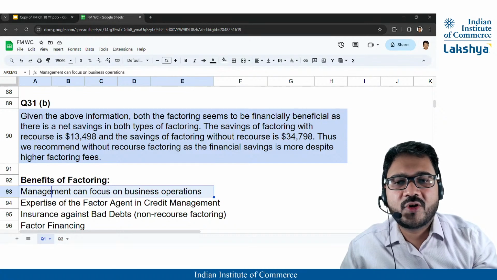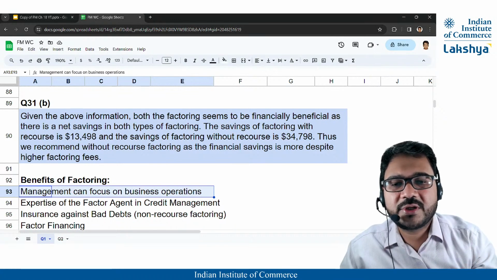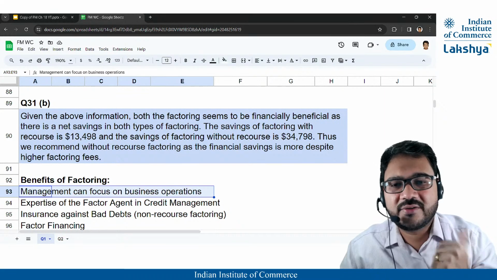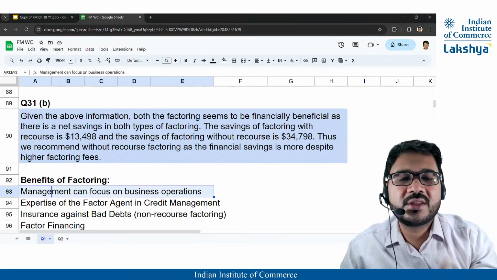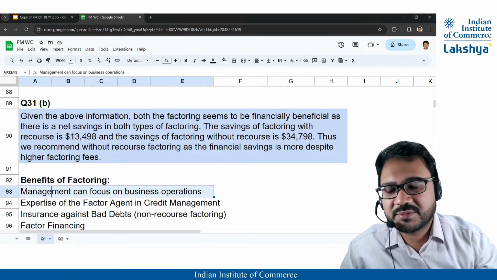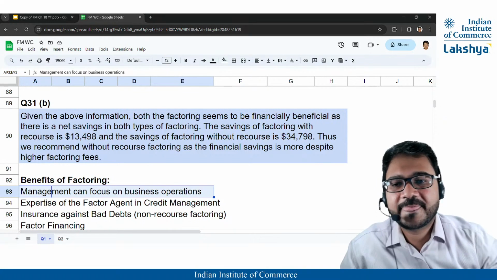Okay. Or they need not. So you could write management can focus on business operation better because they need not spend or devote attention to credit control activities. For example, they need not follow up. They need not spend time following up with customers. That's your entire point. Okay.